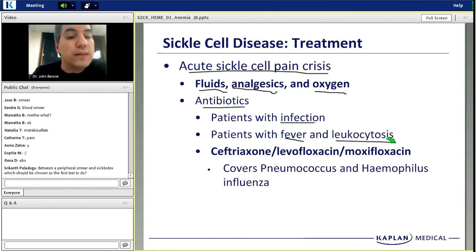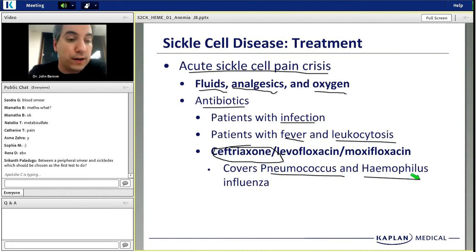You're going to use something that covers encapsulated organisms, so we're going to use ceftriaxone. That's typical. Now you can use these other drugs too. It doesn't matter, but ceftriaxone is usually the standard. We start with ceftriaxone, but any of these drugs that cover the encapsulated organisms would be perfect. Okay?